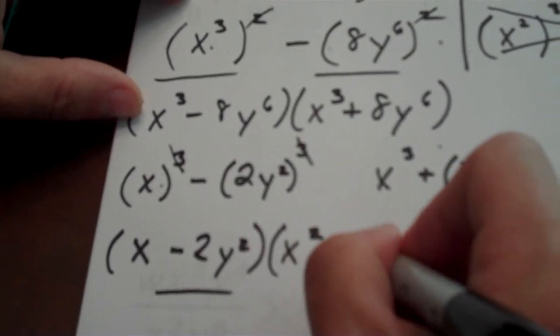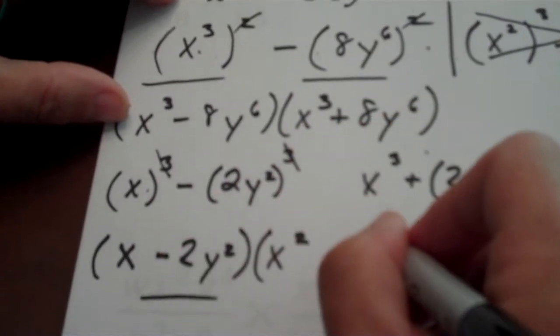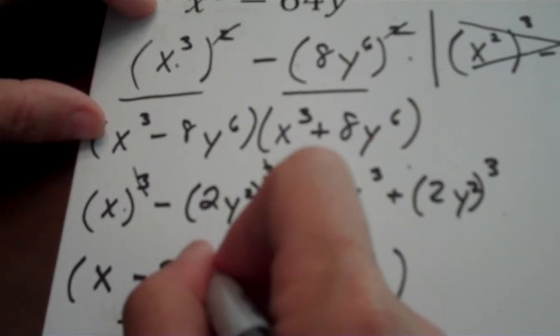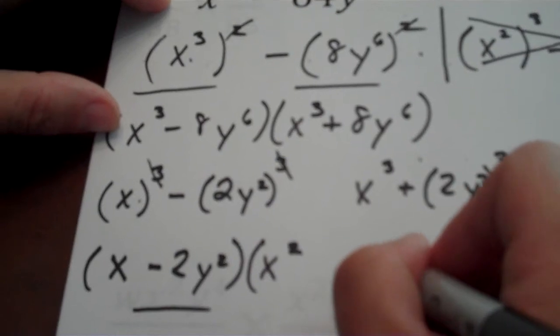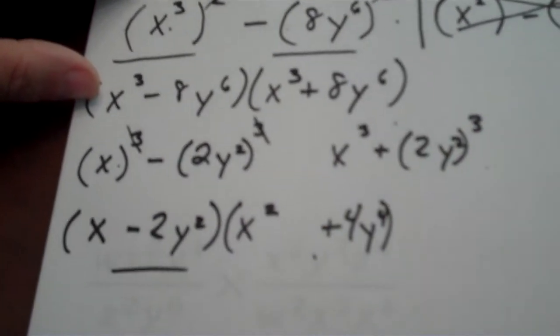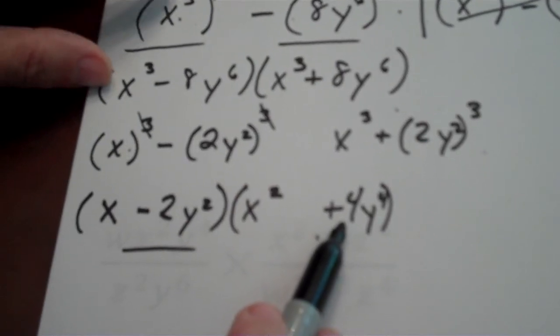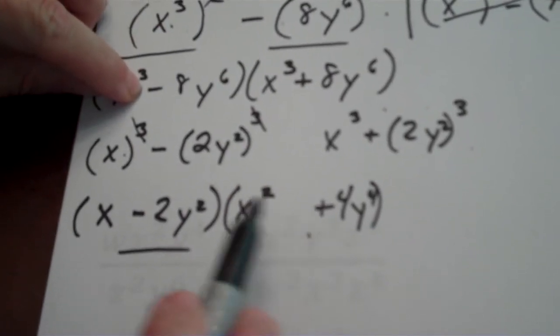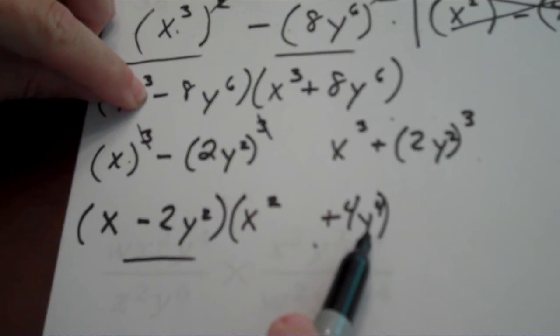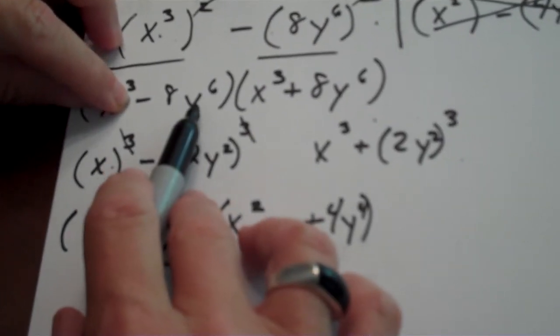And it's always positive, by the way. 2 squared is 4. Y squared squared is y to the fourth. But if you prefer, negative 2 times positive 4 would be negative 8. Y squared times y to the fourth is y to the sixth.